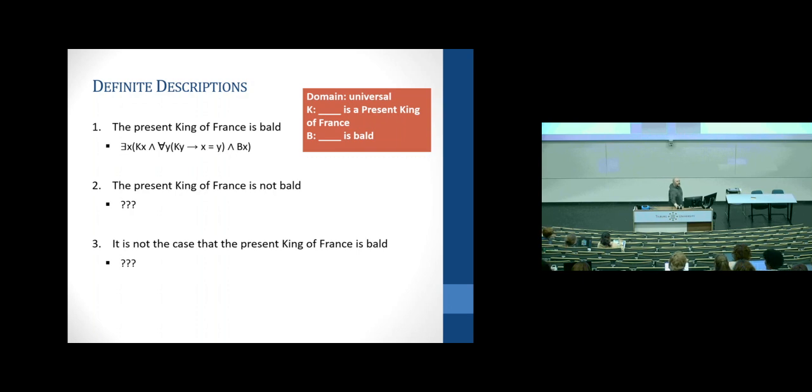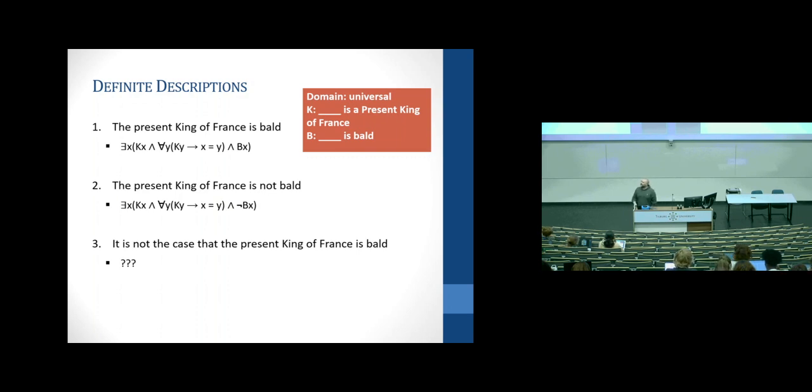Then, how would we do the present King of France is not bald? Well, this one's interesting, because if we think about where the not goes, there's a way to make this work. Let's have it like this. There's at least one K, there's at most one K, and that thing, whatever it is, is not a B. But finally, we can also have a third sentence here.